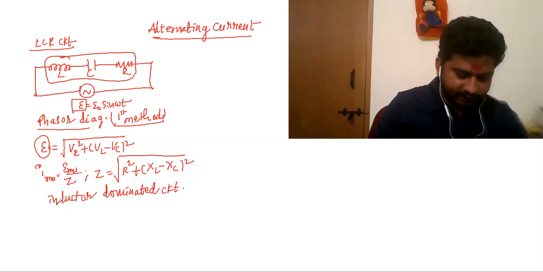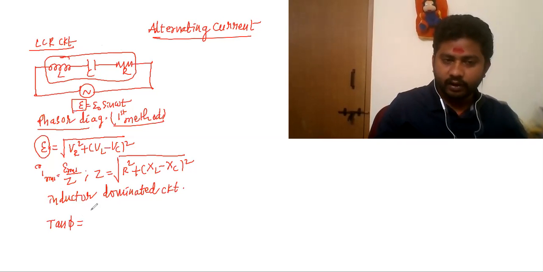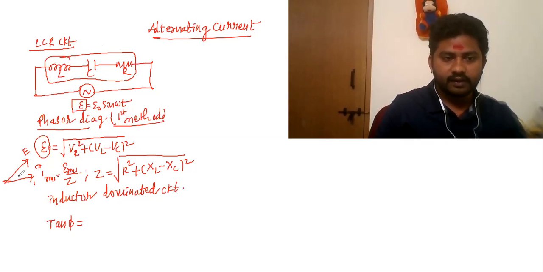In this method itself, by using the impedance triangle, we found tan phi, where phi is the angle between the net EMF and current.